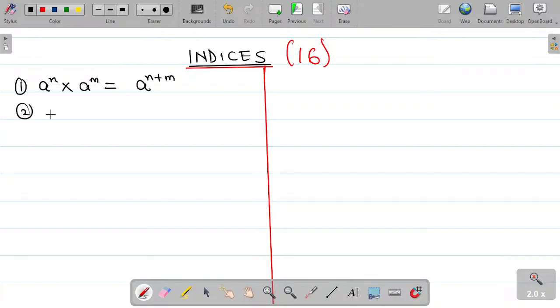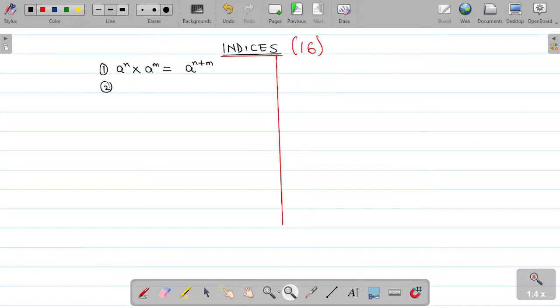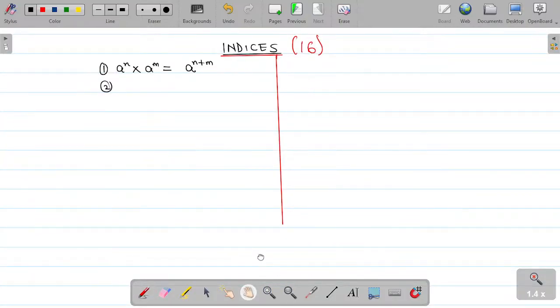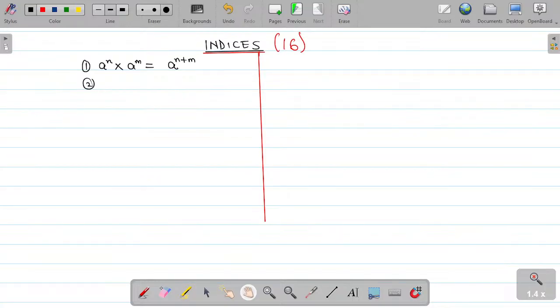Number 2 says that if it is division, a to the power of n divided by a to the power of m, then it is equal to a raised to the power of n minus m.